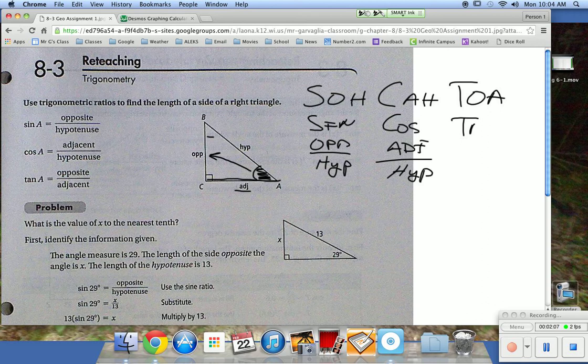Tangent is opposite over adjacent. If you can remember SOHCAHTOA, you'll always have those sides right. Once we know what angle we're talking about, we can figure out what our opposite and adjacent are, and we should always know what the hypotenuse is.